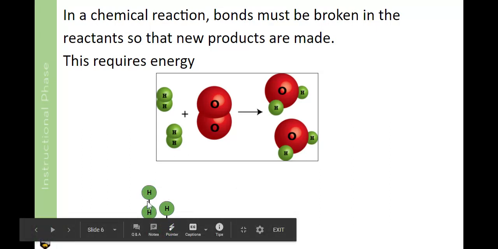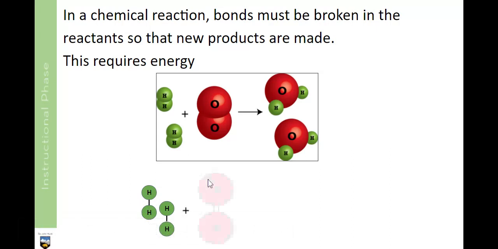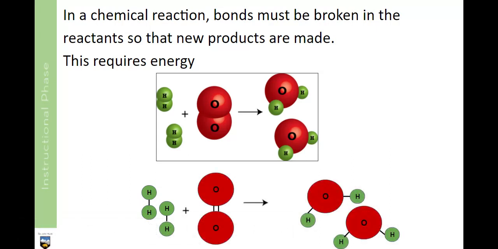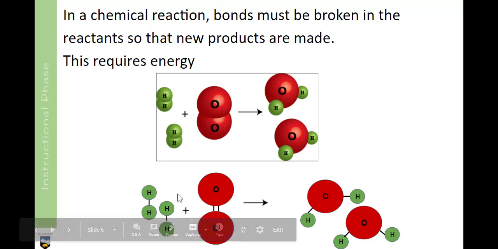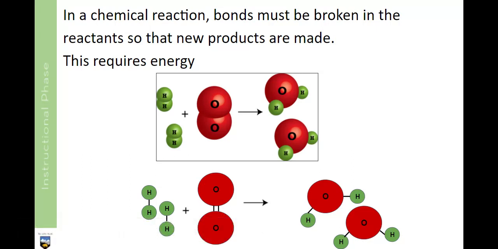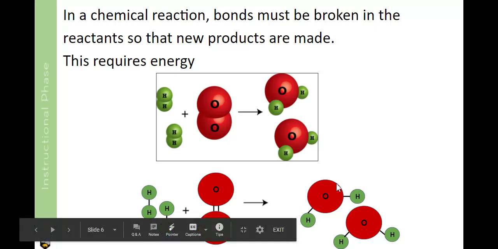So these bonds must be broken and new bonds are formed. And that is what causes the energy change. Remember, guys, breaking these bonds in the reactant molecules requires energy. So energy is taken in. And when the new bonds form, energy is given out.